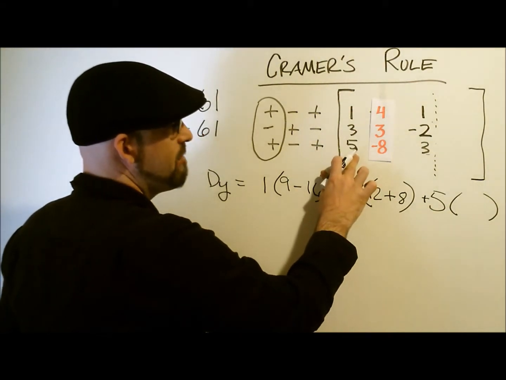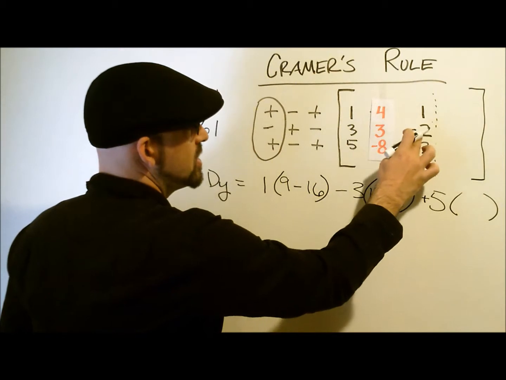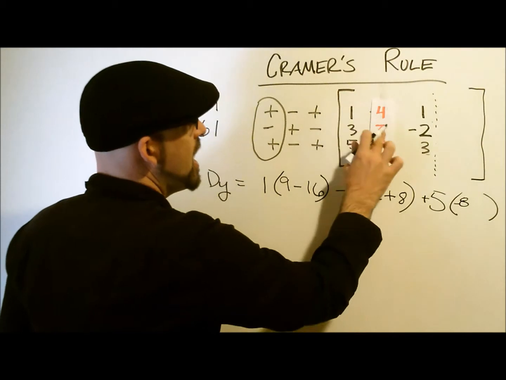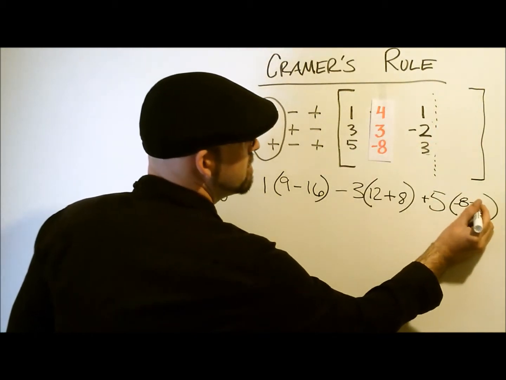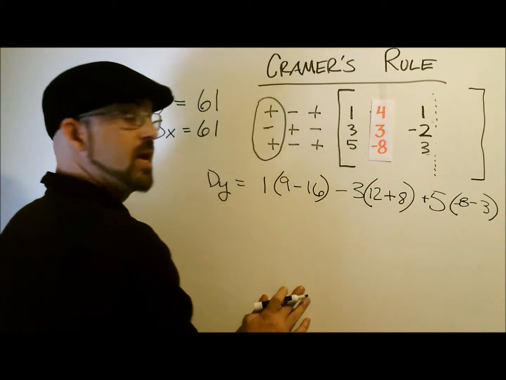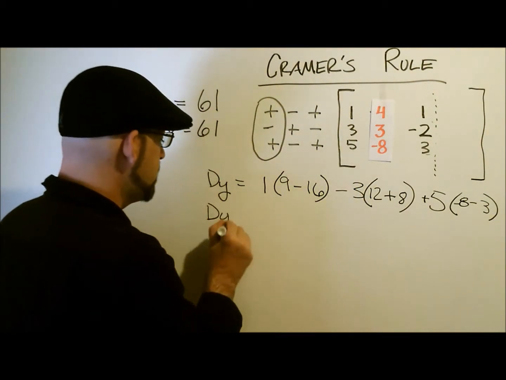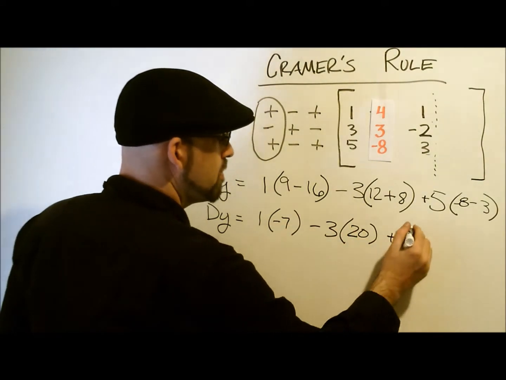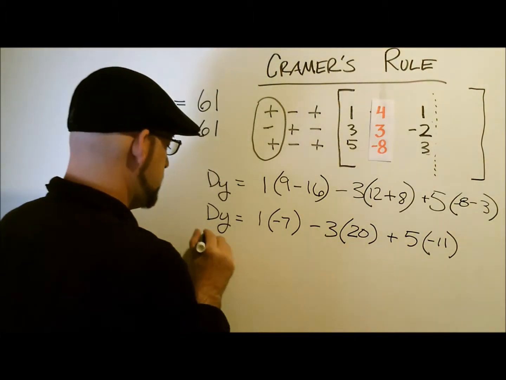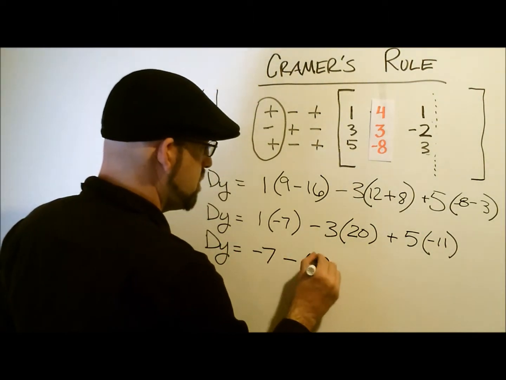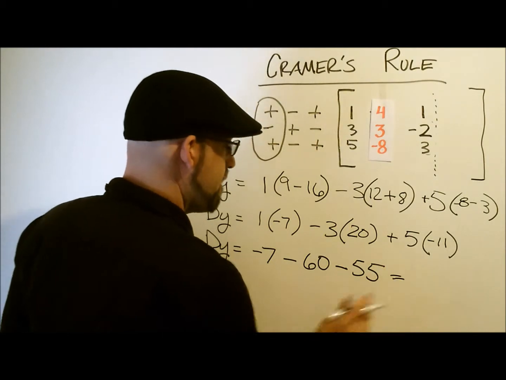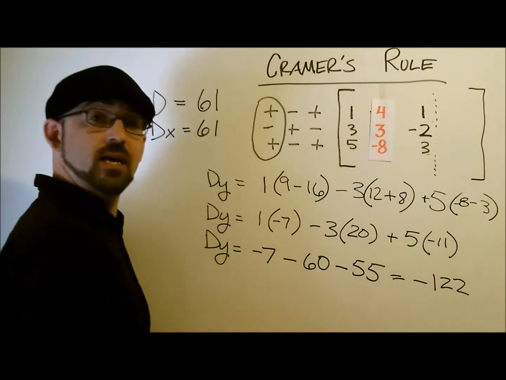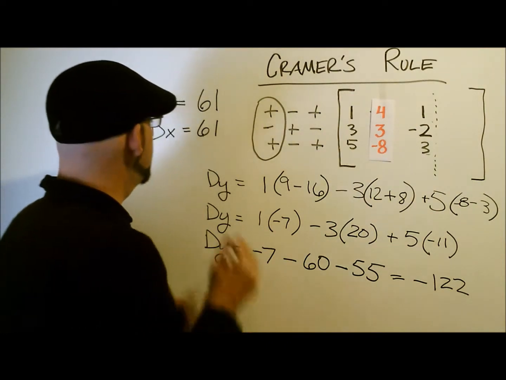The minor determinant of 5 is 4 times negative 2, negative 8, and 3 minus 3. Let's put this all together. So our determinant for y is a negative 122.